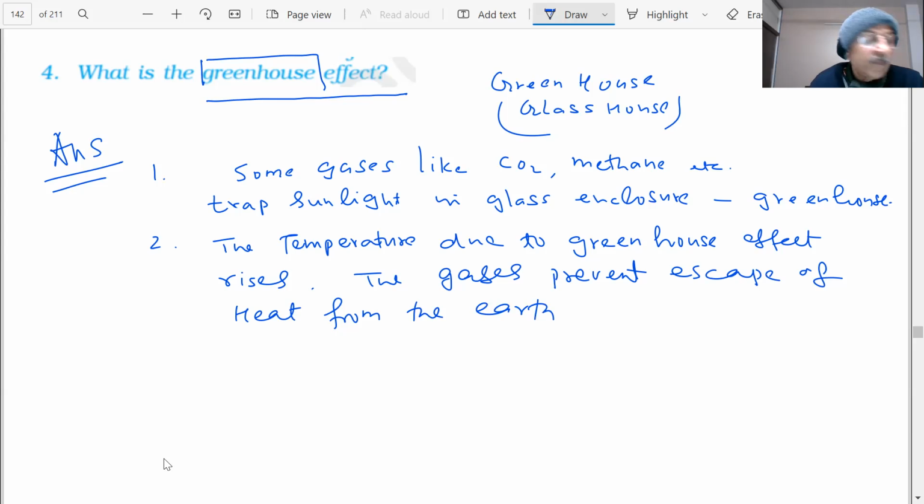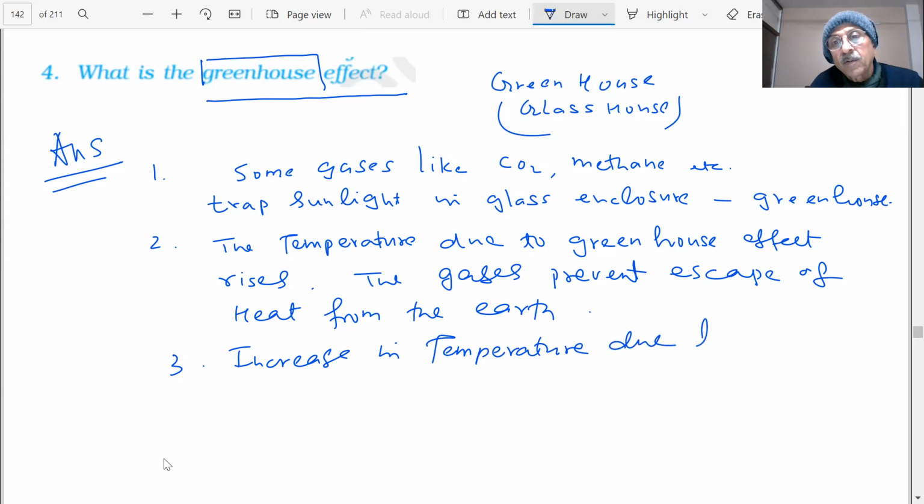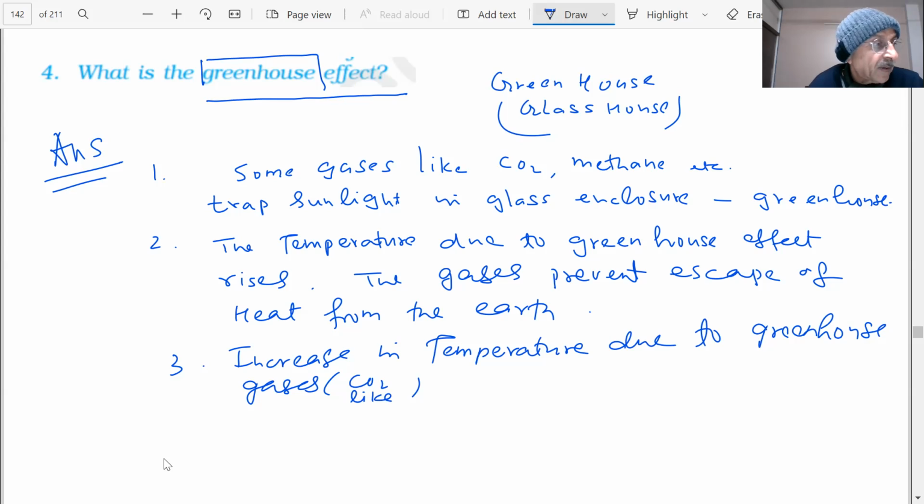So this is increasing the temperature. The increase in temperature due to greenhouse gases, mainly CO2 or there could be some other, is called the greenhouse effect.